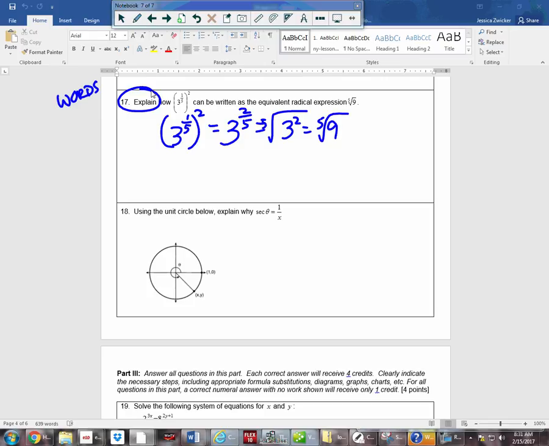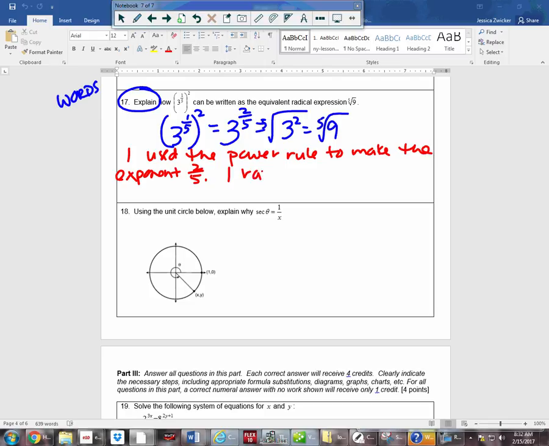But in words, you would have to say something like, I used the power rule to make the exponent 2/5.